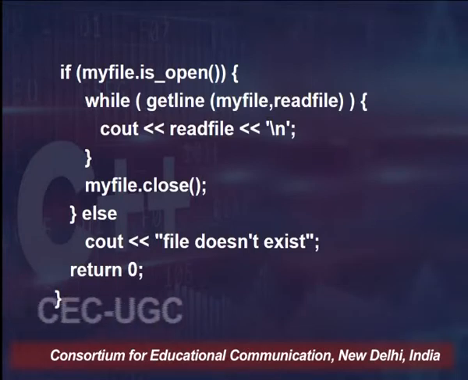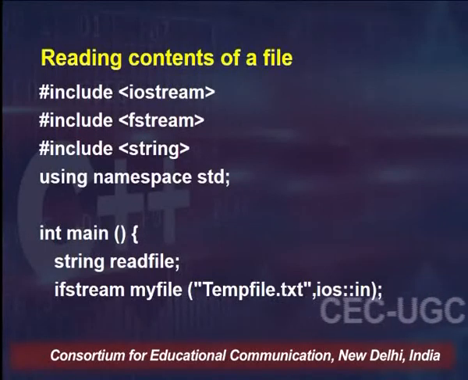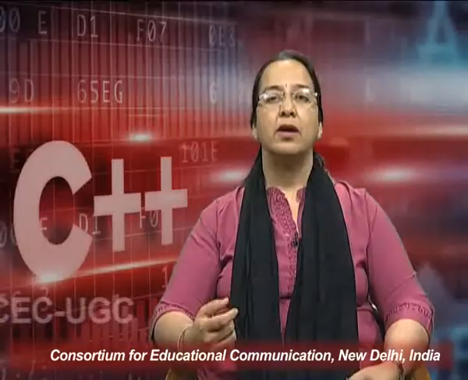And what is this readfile? Please recall, this readfile is nothing but an object of type string. So whatever is taken from that particular file is in the form of a string. Which file are we talking about? The file associated with myfile is stored in this readfile string.